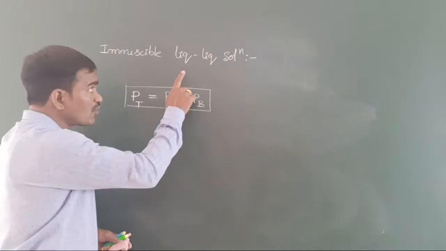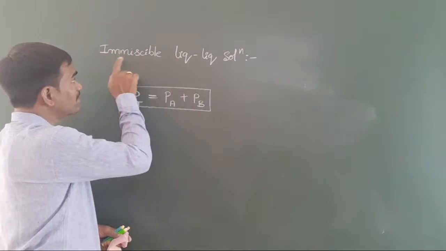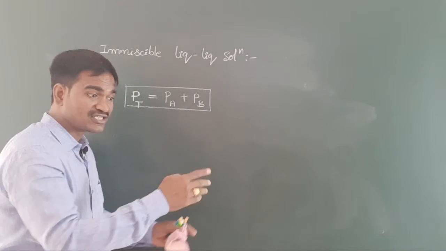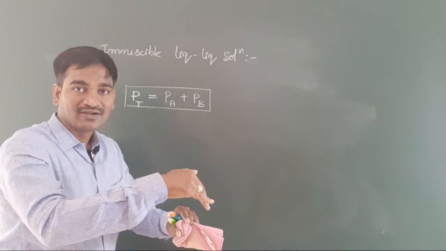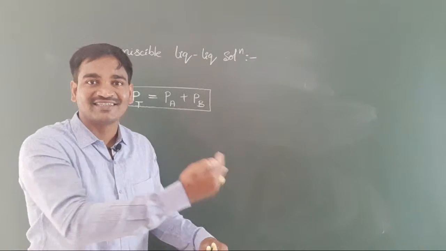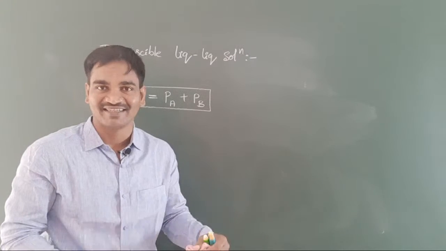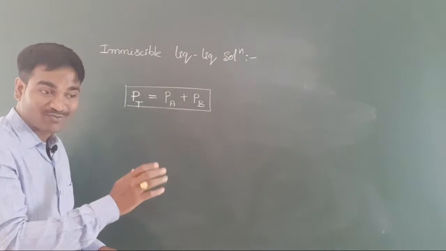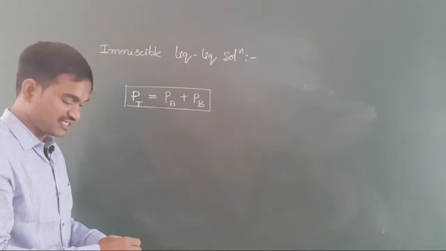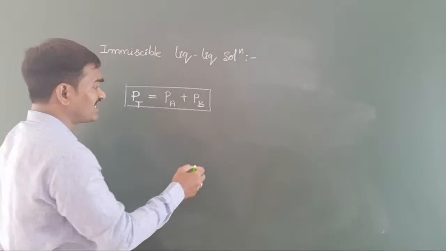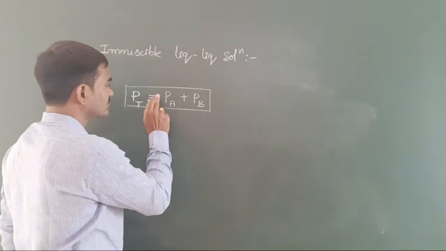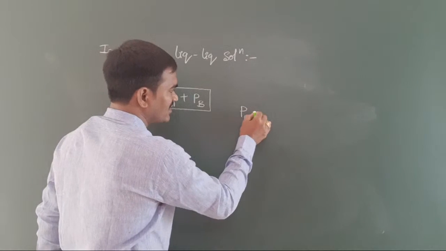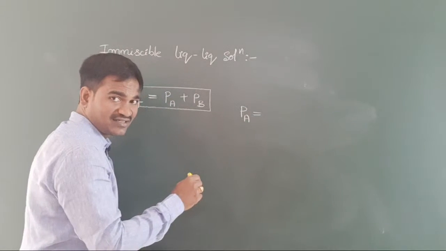But these both are immiscible liquids. Both are volatile. Both are immiscible because one is not mixing with another. One is not depending on the other liquid. Then what would be the solution pressure? That is the point here. Now here I want to tell you: PA is equal to P naught A chi A, Raoult's law, you know, no?